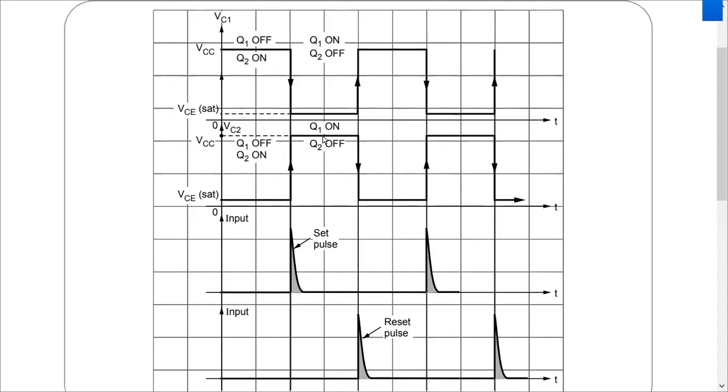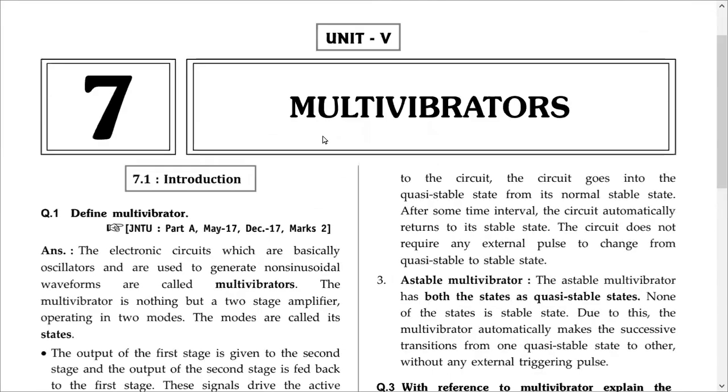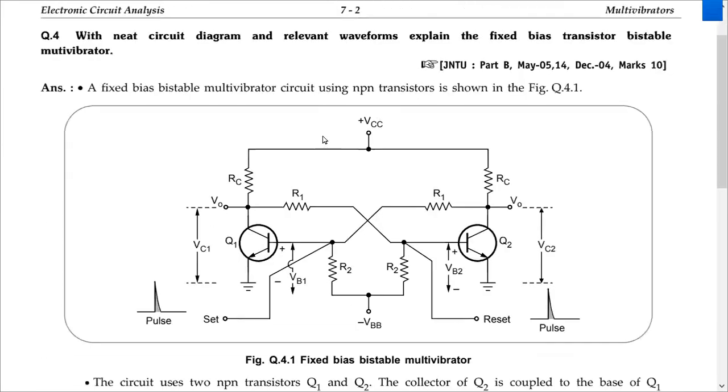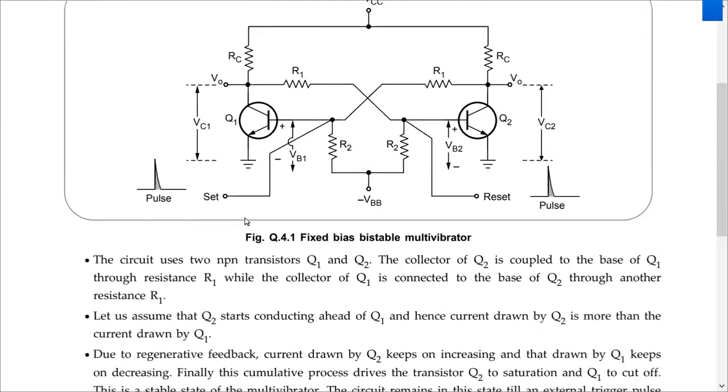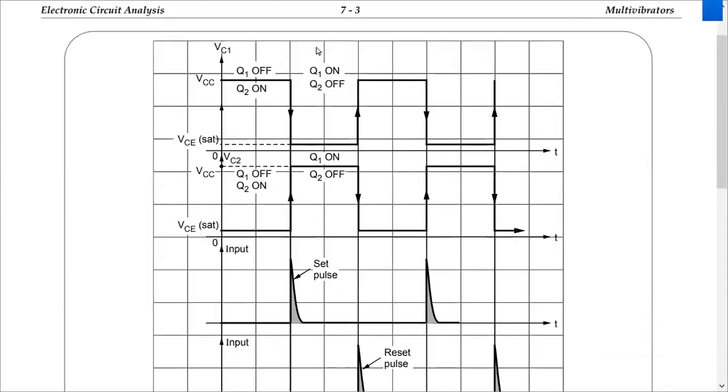All we are doing is giving positive voltage to the base of Q1, because Q1 was off and we are turning it on. Now Q1 is on in the second duration, and Q2 is off.